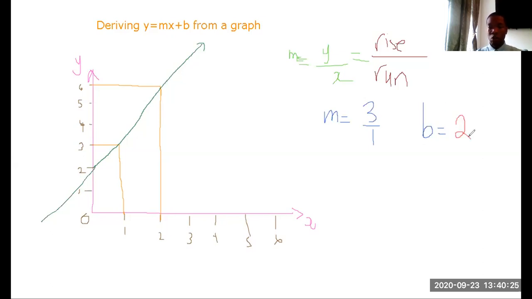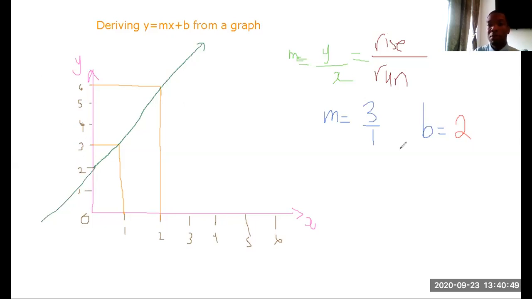My b would be 2 because the line goes through 2. Wherever the line goes through the y-axis, that's my b, because b is the y-intercept.